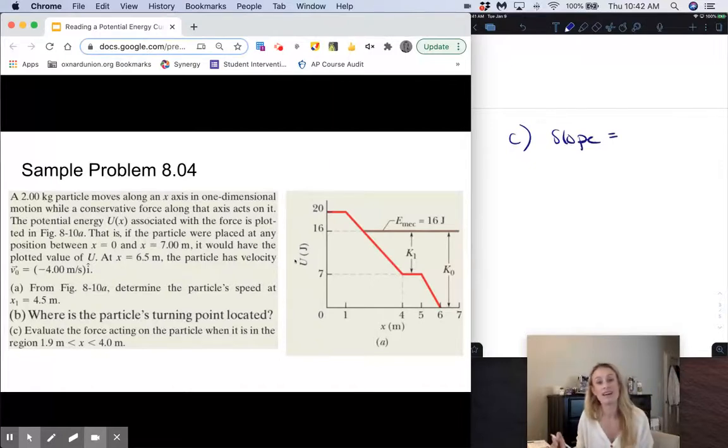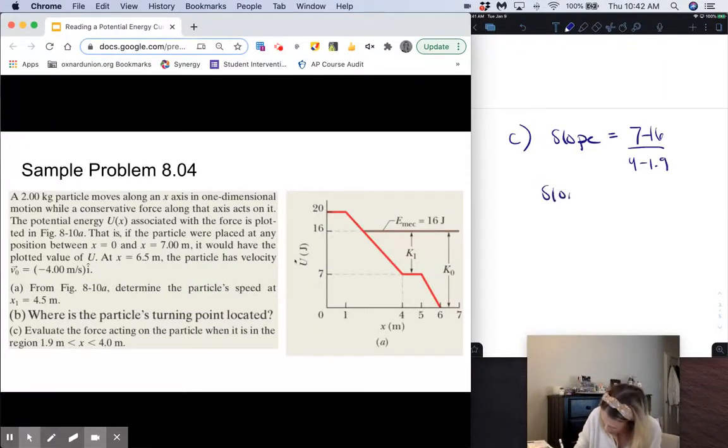Now we can see that the slope is our rise over run, and here, of course, the rise is negative. So we get 7 minus 16 for our rise, over run, which is 4 minus 1.9.